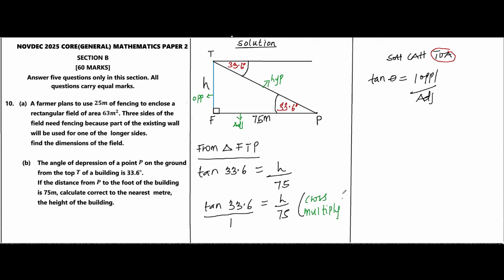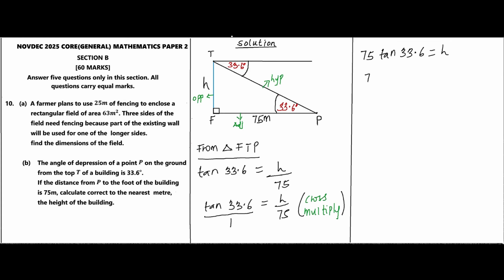So what happens? Let me get a space here. So we have 75 multiplying tan 33.6. So this gives 75 times tan 33.6, and this must be equal to 1 multiplying h. So that is h.